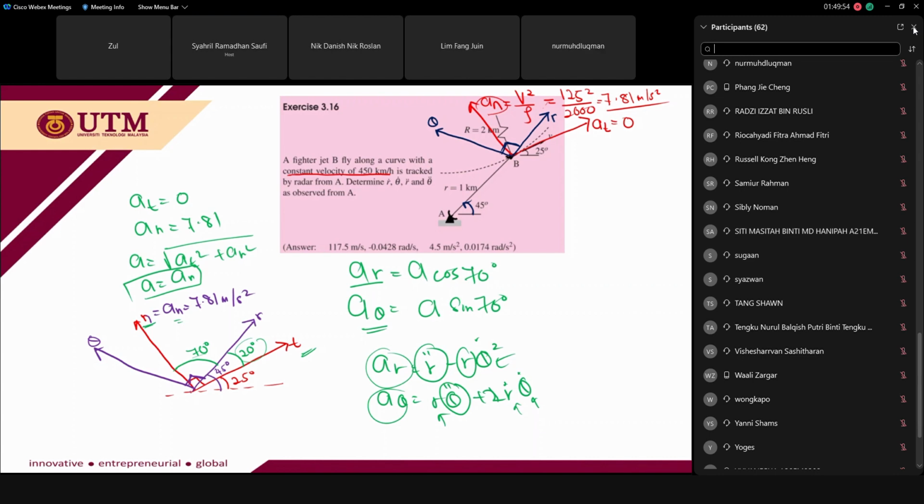Why is it cos 70, for AR? Okay, the angle between N and T is 90 degrees, and the angle between R and T is 20.